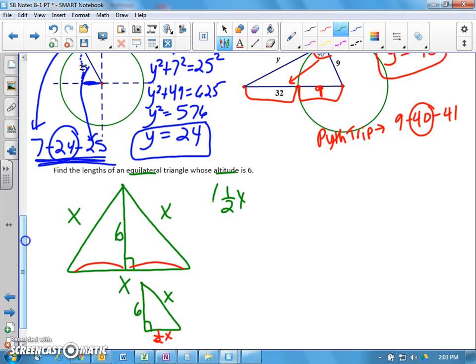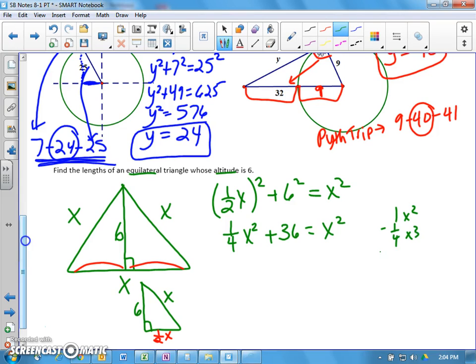So I have 1/2 x squared plus 6 squared equals x squared. When you square that first term, don't forget to square both the fraction and the variable. So we have 1/4 x squared plus 36 equals x squared. When I subtract 1/4 x squared from 1x squared, I'm going to have 3/4 x squared.